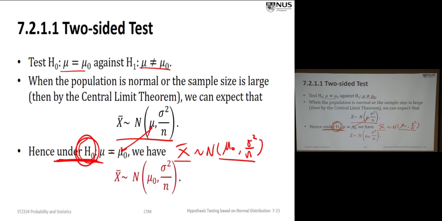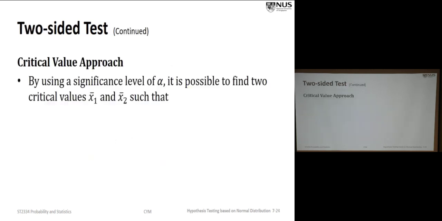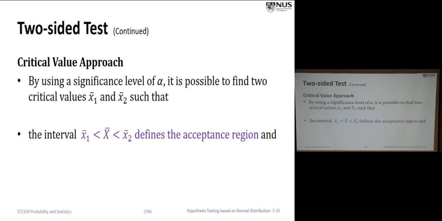All right? So now we talk about the critical value approach. So I will decide based on X bar. If it is within these two bounds, X1 bar and X2 bar, these are two numbers, we'll figure out what these two numbers are, then I will accept it.